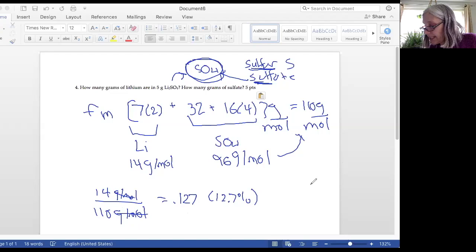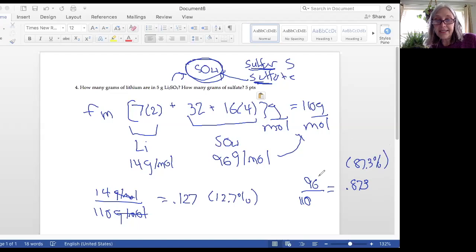So we've got 14 grams per mole, and then we've got 96. Again, this is divided by 110. I know that the units are going to cancel, so I'm not going to bother to write them, although it might still be a good idea to know that they cancel. It's 0.873. In other words, this is 87.3%.